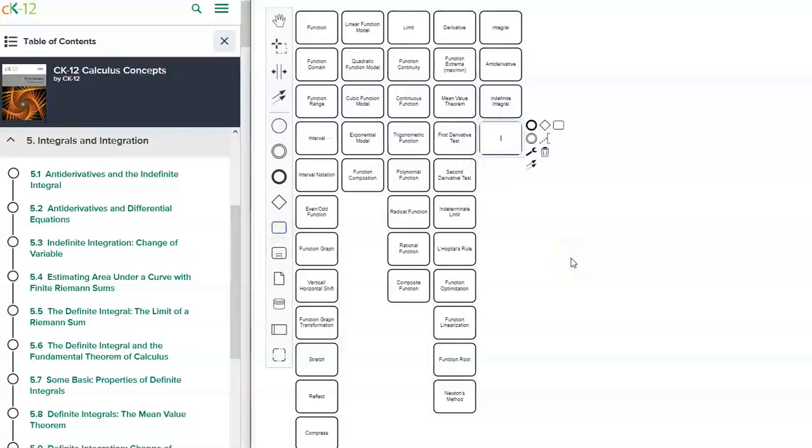Indefinite, meaning goes on for a long time. Associated with infinity, I believe. And then we have the differential equation. So we have lots of equations. In this case, it's some equation related to derivatives, and let's call it differential equations.